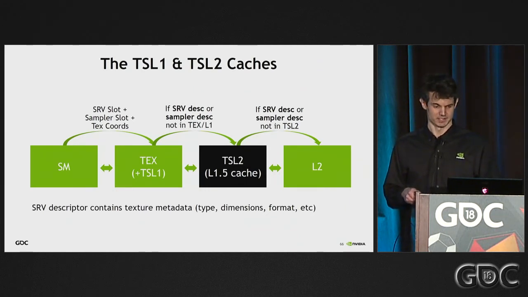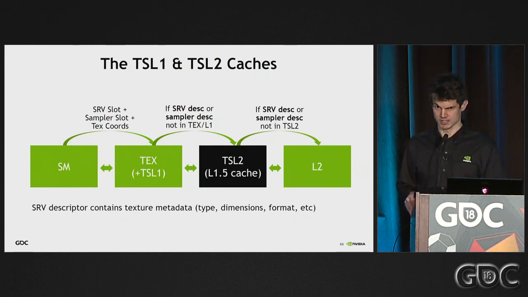That's effectively a level 1.5 cache, which is between the tex unit and the L2 cache. And it has a higher capacity, this TSL2 cache, but if it doesn't contain the texture metadata, it has to fetch it from the L2. And that's a long way. It's a long latency fetch. So it's important to minimize the number of cycles that the TSL2 unit is waiting for L2 to return.